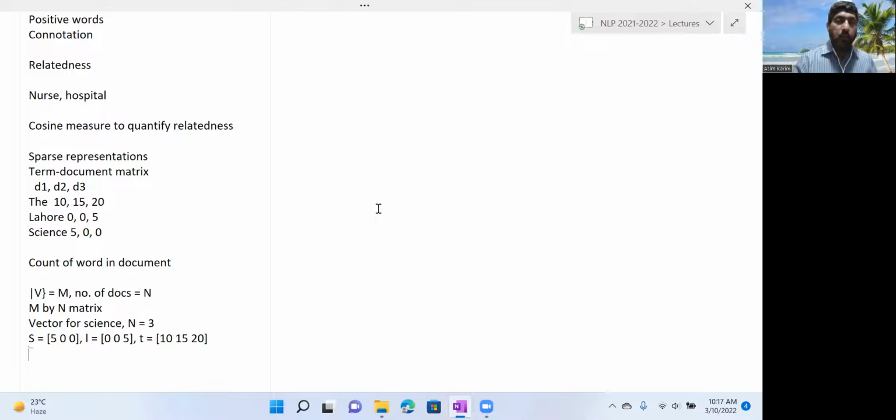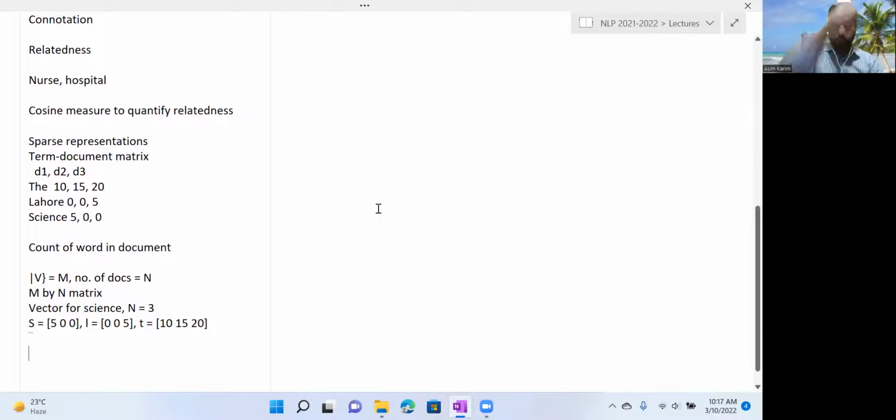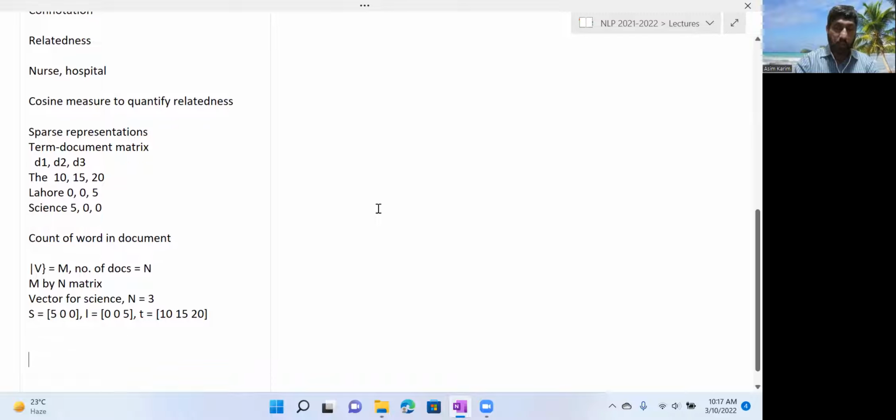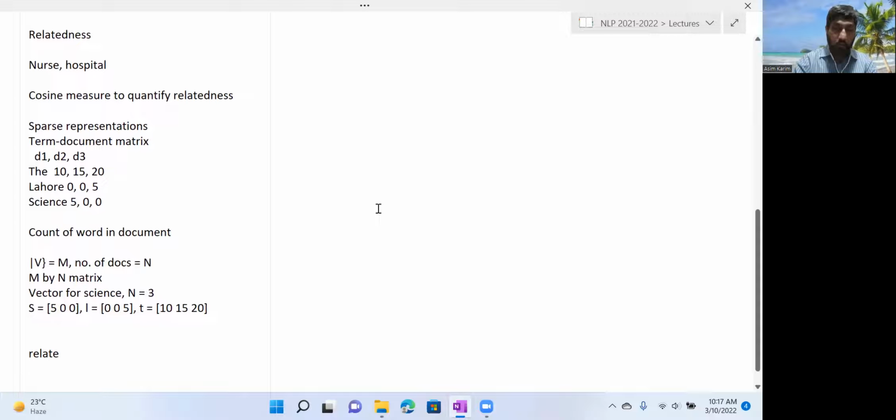Okay. So you can then quantify the relatedness between two words by simply taking the cosine of their representations. So for example, the similarity or the relatedness between, let's say, science and Lahore. What would that be?